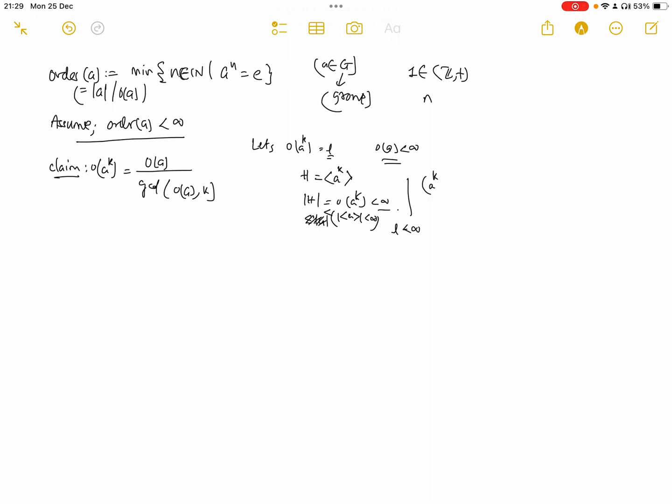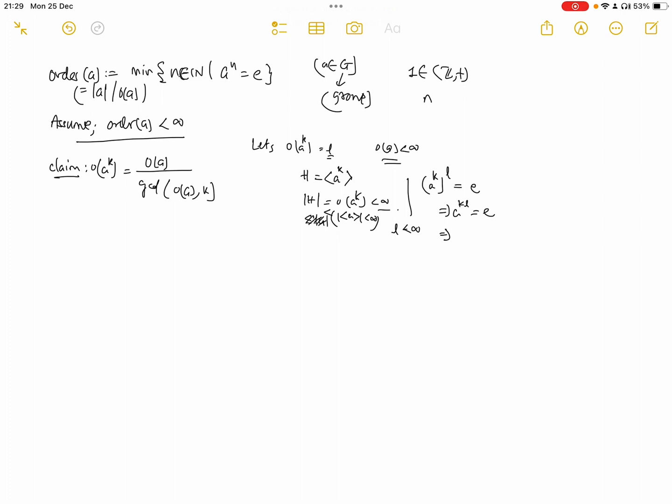Then you get A power k power L becomes identity, and L is the smallest natural number such that A power k to that number becomes identity, by definition of an order. So here you get A power kL is identity, right? So you get that the order of A divides kL.